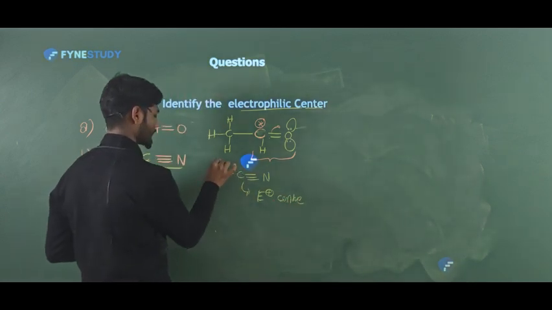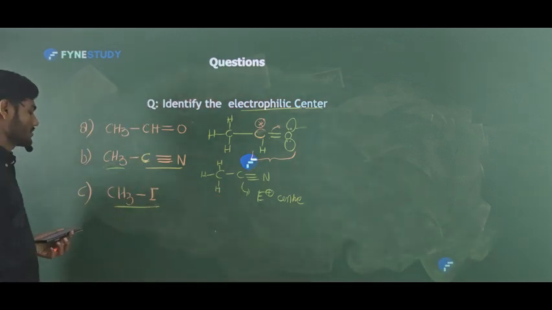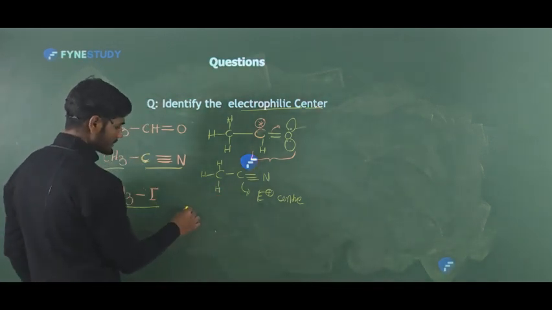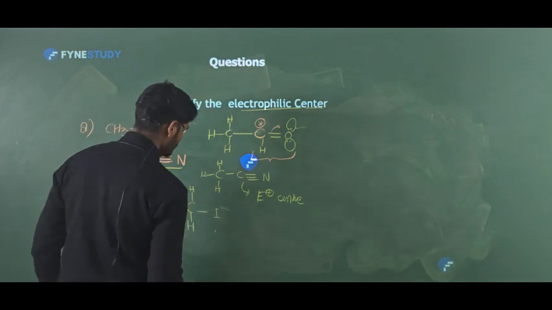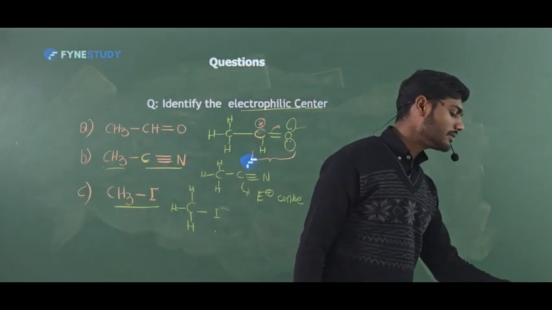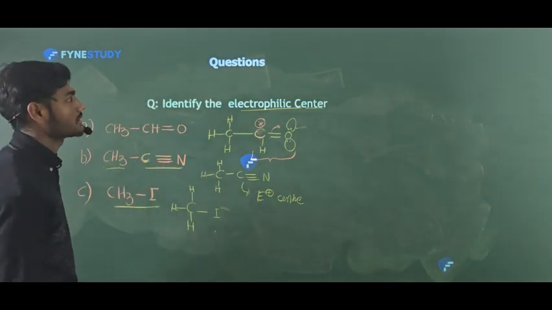Now this one is a bit of a twist. If you see, this one is CH3 and I. If you compare the carbon and iodine, which one has more electronegativity?